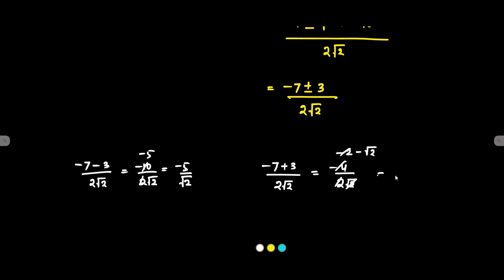So the two roots are minus 5 by root 2, let's call it alpha, and the other one is minus root 2, let's call it beta. These are the two roots of the quadratic equation, minus 5 by root 2 and minus root 2.